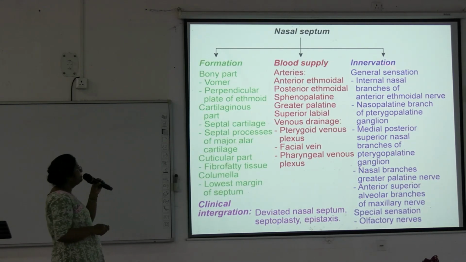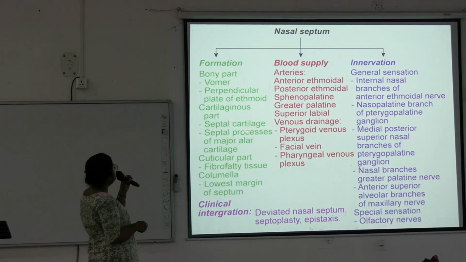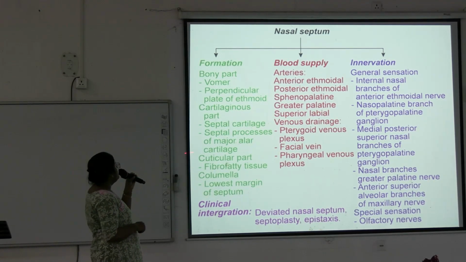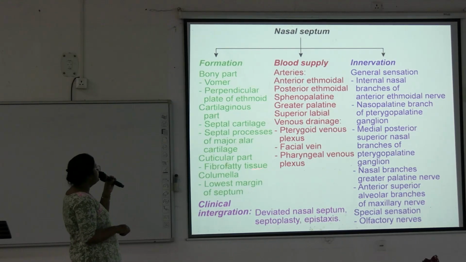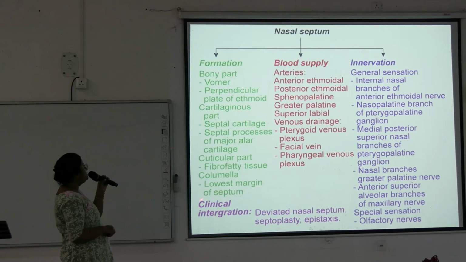So, this is the summarization. The bony part is formed by the vomer and perpendicular plate of the ethmoid. The cartilaginous part is formed by the septal cartilage and septal process of the major alar cartilage. The cuticular part is formed by fibrofatty tissue, and the columella is the lowest margin of the septum.